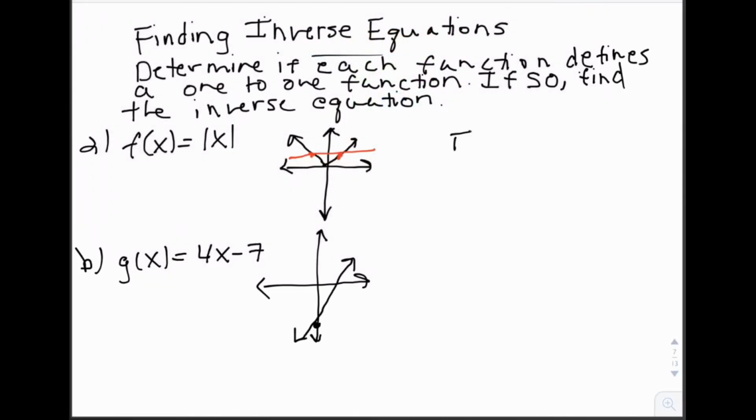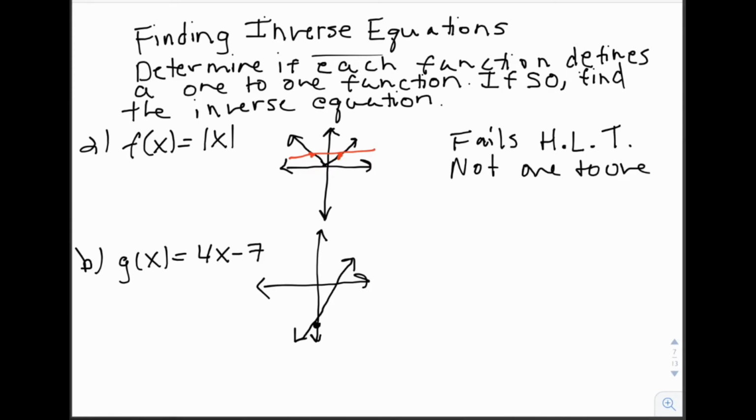So we can say fails horizontal line test. And what does that tell us? Well, it's not 1-to-1. So in that case, we can't find an inverse because we wanted it to be 1-to-1.